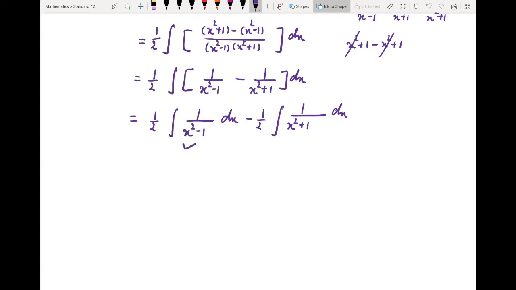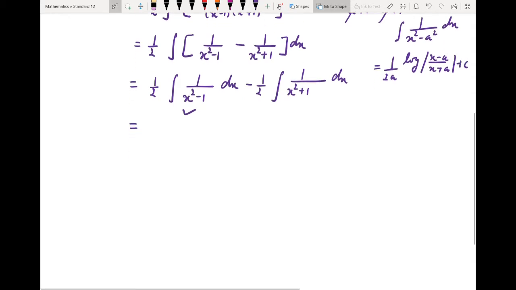Here we have to use 1 upon x square minus a square form, which is 1 upon 2a log mod x minus a upon x plus a plus constant of integration.